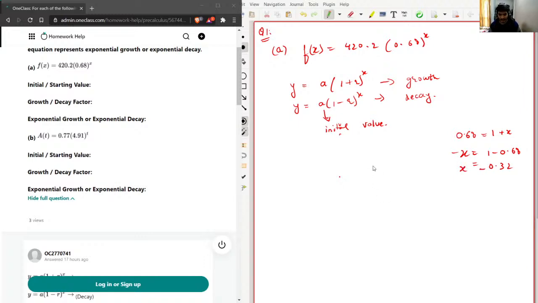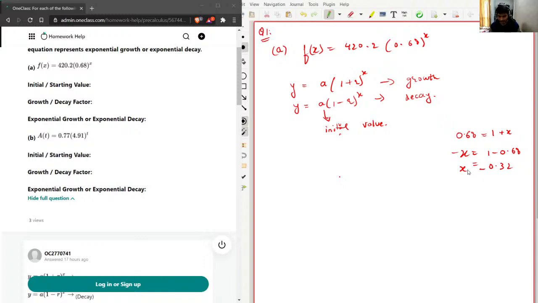Now, we were taking the case of growth, because if we are taking a positive sign and the number is negative, then it will become negative. But if we start with the negative sign, then later on it will become positive, and it can change your solution. So it is better to take 1 plus x equal to the number inside the bracket, so that you get the magnitude as well as the sign of this number.